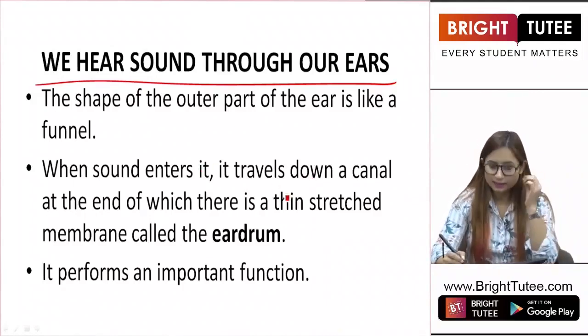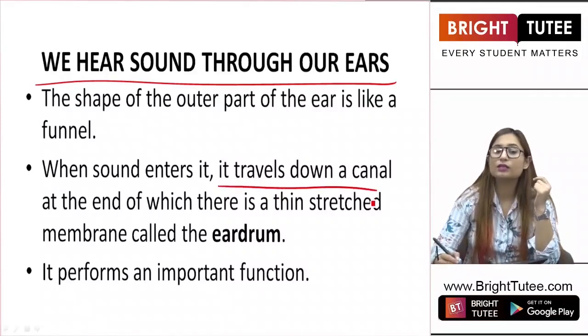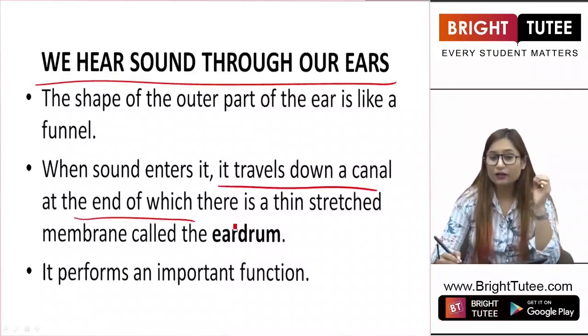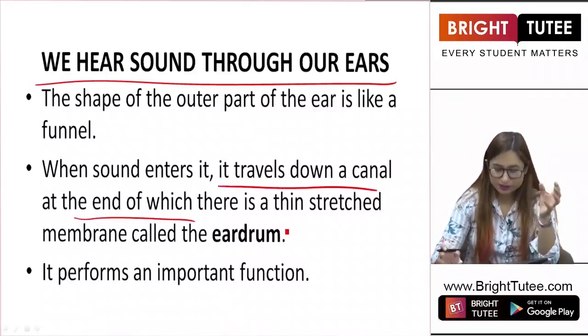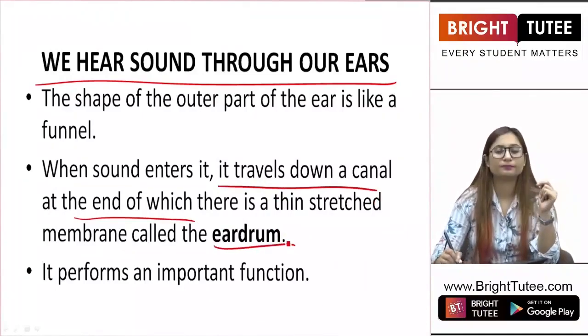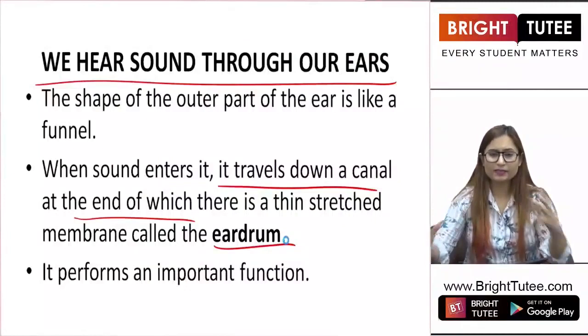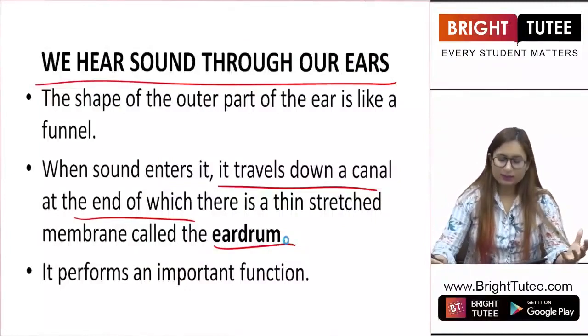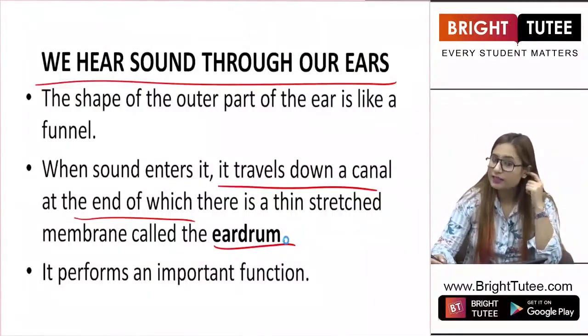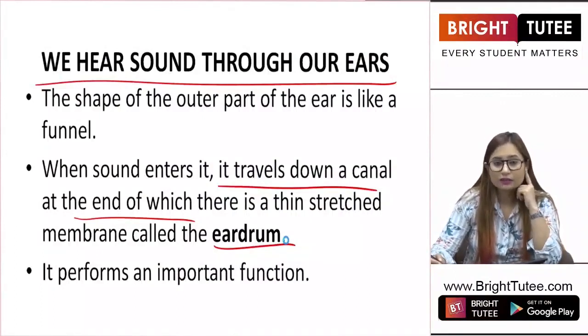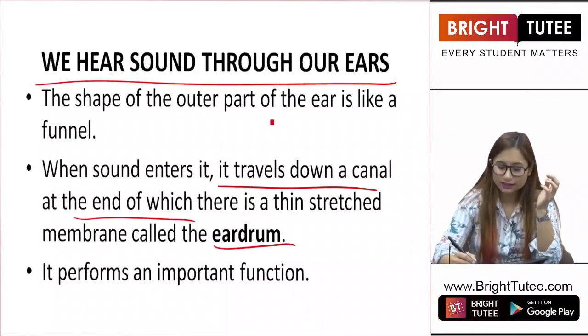When sound enters it, it travels down a canal at the end of which there is a thin stretched membrane called the eardrum. We will be looking at the diagram as well. What you have to understand is that there is a funnel, then there is a canal going in. You can touch your ear for that. This is the outer part of the ear, right?